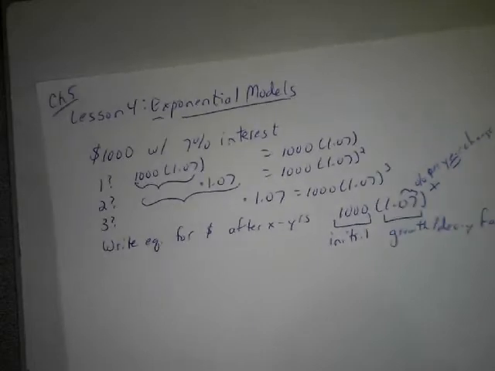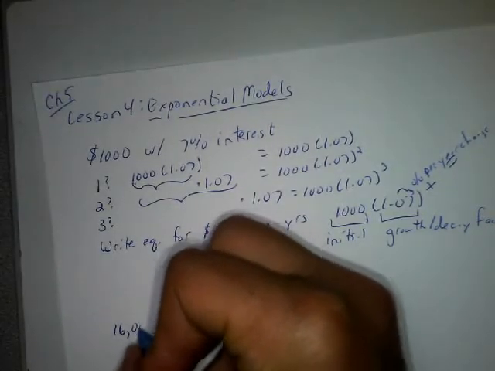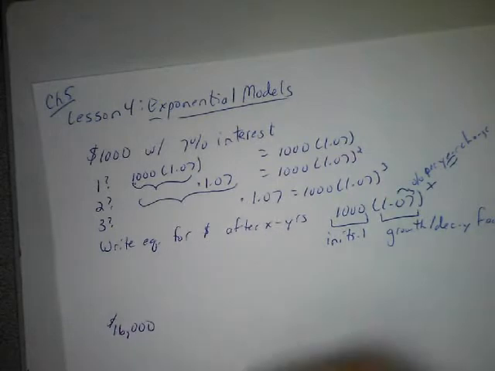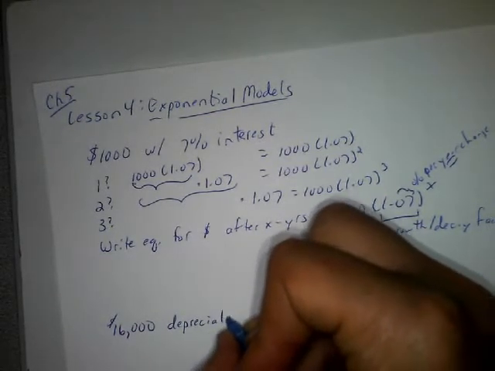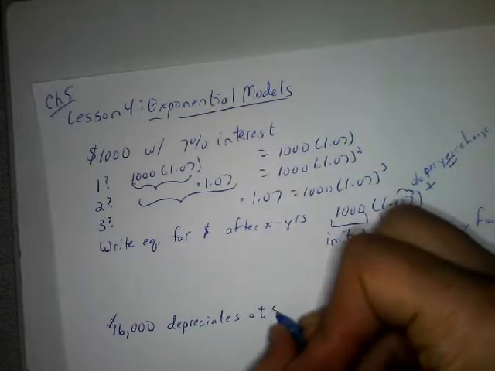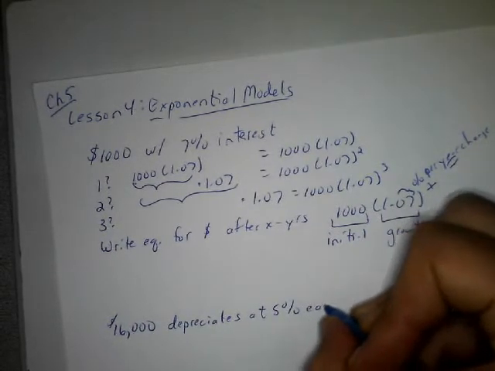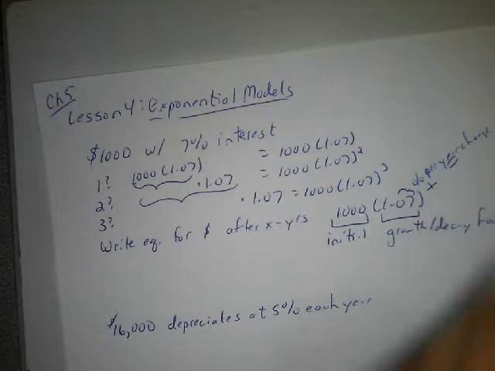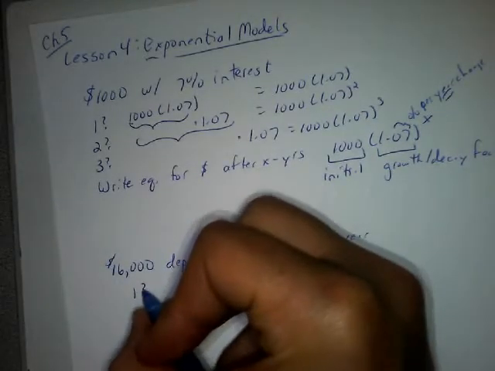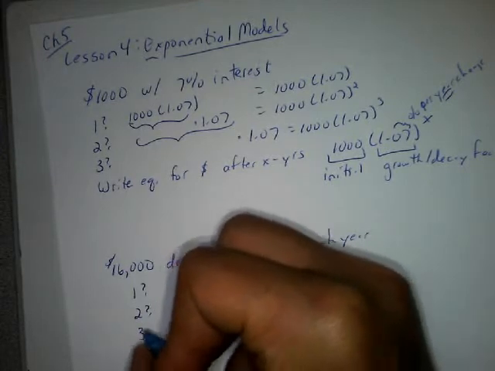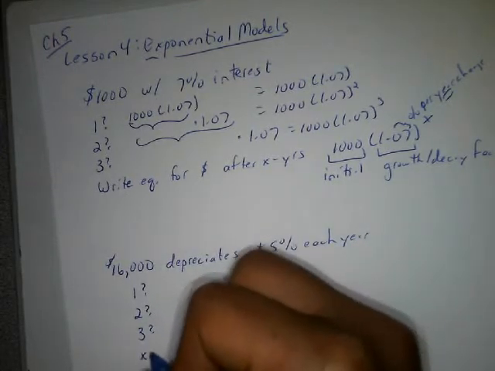Let's say we take a car, and say you purchase a car at $16,000, and it depreciates, decreases in value each year. So the same idea, how much after 1 year, 2 years, 3 years, x years.